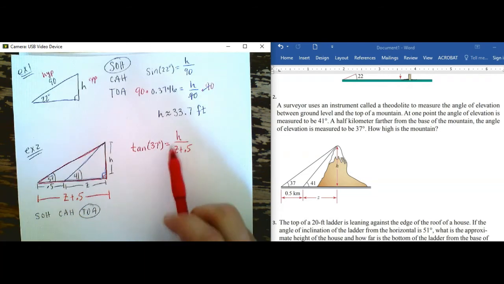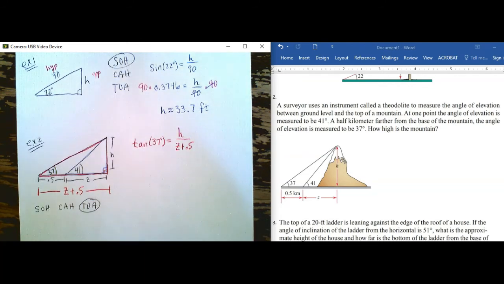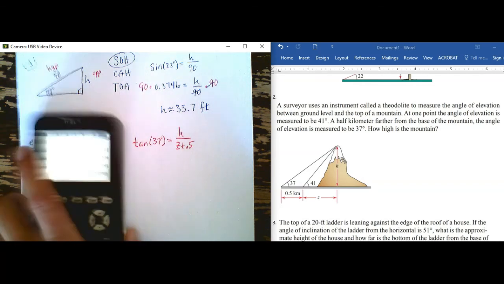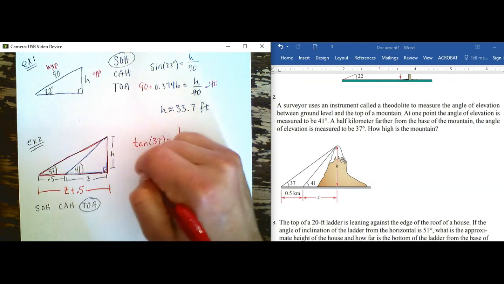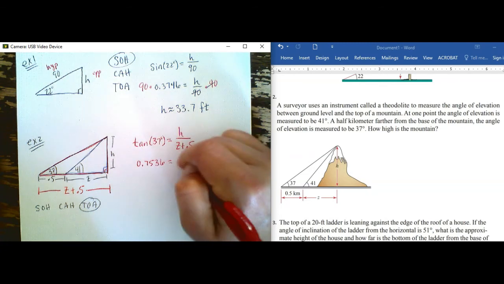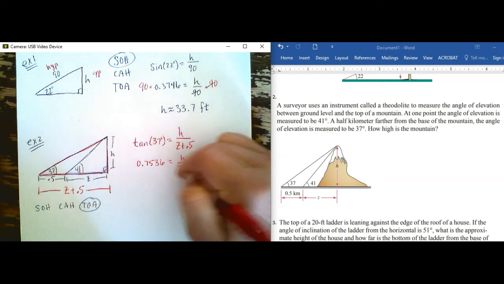What is the tangent of 37 degrees? Tan of 37 is 0.7536. So we round to 4 decimal places, and 0.7536 equals h over z plus 0.5.